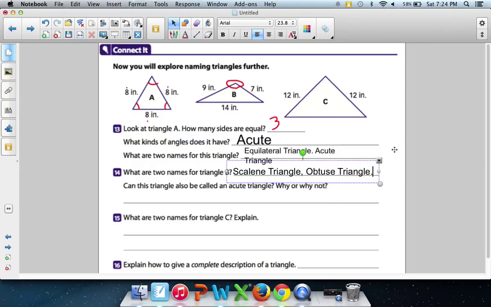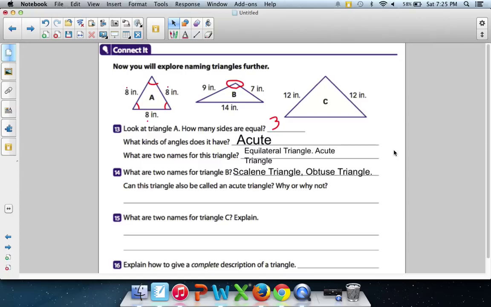I'm not that worried about you guys being good at this once you remember what it means. If it has equal sides, it's an equilateral triangle. If it has acute angles, it's an acute triangle. If it has none of the sides the same, it's a scalene triangle. And if it has even one obtuse angle, that ruins the whole darn thing.